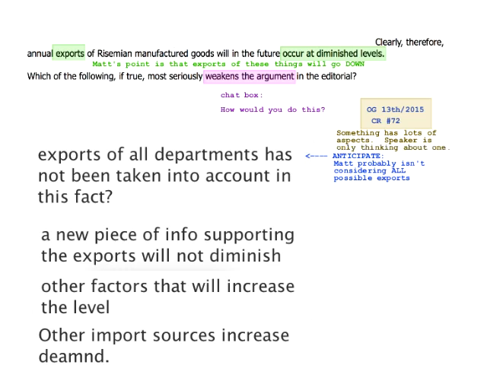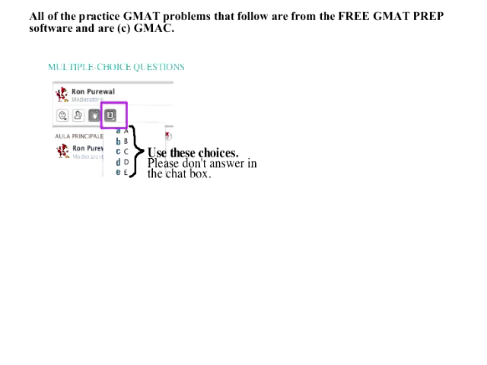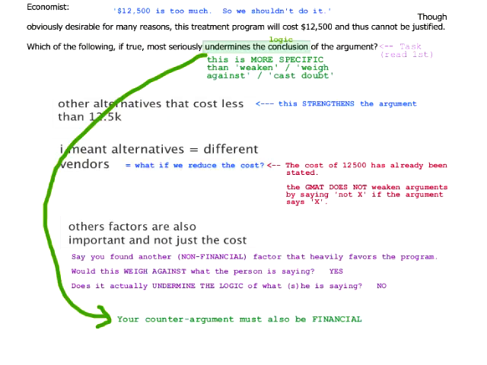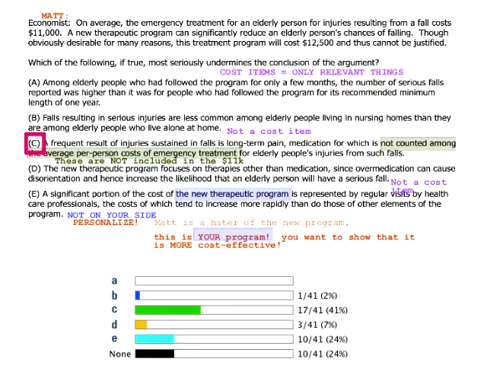Same thing actually with that cost argument. This time it wasn't one specific thing, but it was the same sort of deal: Matt is not thinking about all of the costs. It's just the emergency treatment, but what about things that follow therefrom?